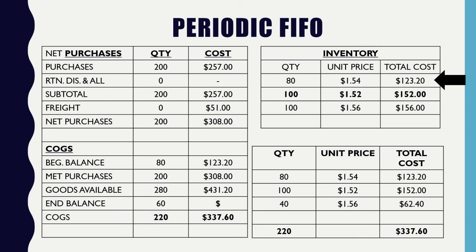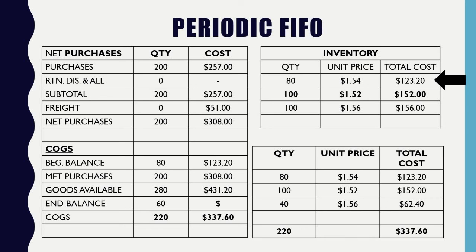So that means here in my bottom table, I display that if I have 140 items left to sell, this 100 batch is gone. So I've already listed it right there. It's going to cost me a total of $152. All right, now I'm left with my last batch of 100. And this time, I only need to sell 40 more.